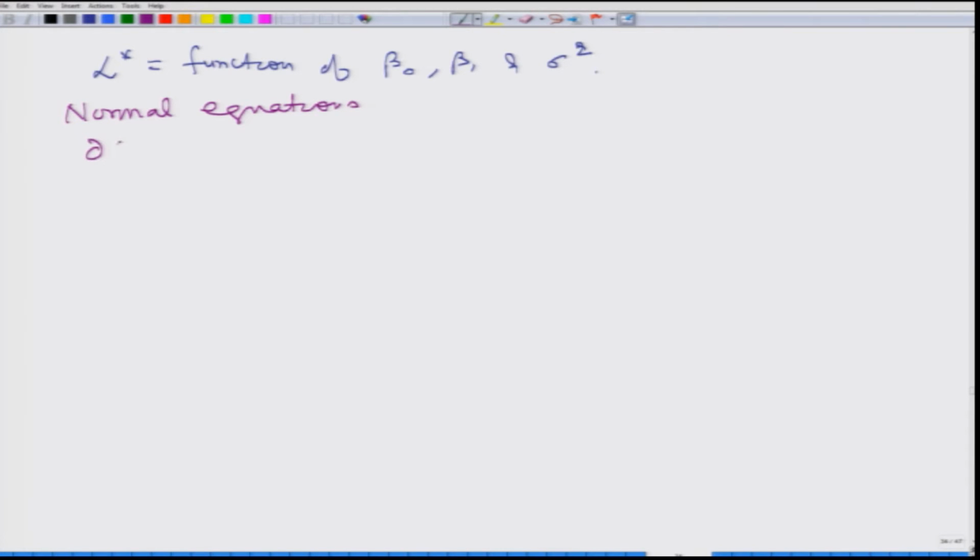Say I will simply partially differentiate the log likelihood function with respect to beta 0, beta 1 and sigma square.